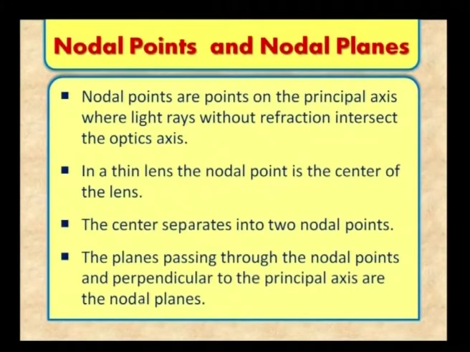The principal planes are hypothetical planes which give the same amount of deviation as that of the two lenses. Whatever deviation is suffered by the light ray because of the two lenses is equivalent to the deviation produced by the principal planes. So, the principal planes will refract the light rays, whereas the nodal planes do not; they will not refract the light ray.